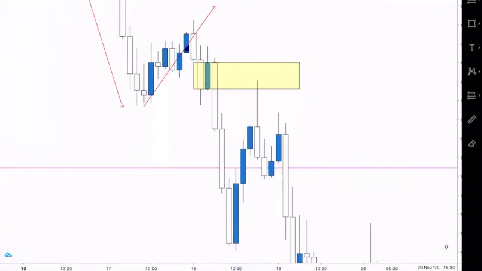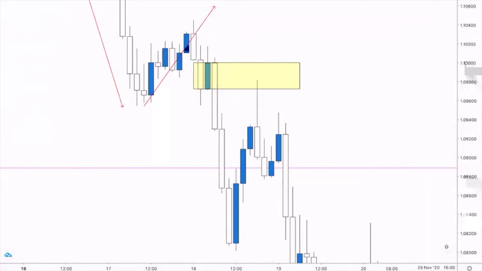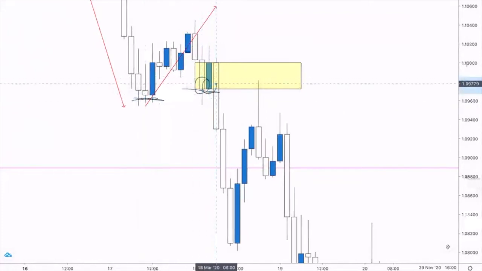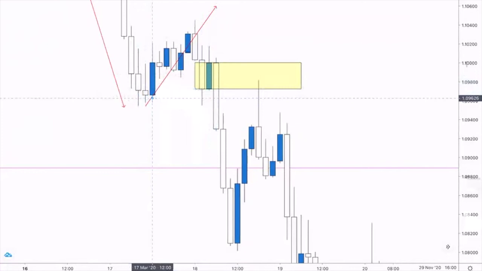So what they wanted to do is entice more buyers, like it was going to go up. You see how this low is higher than this low?